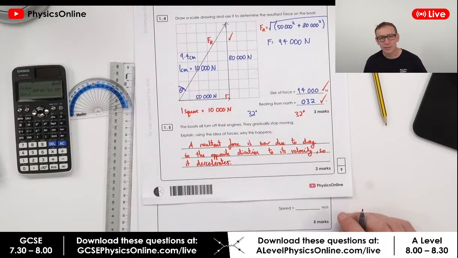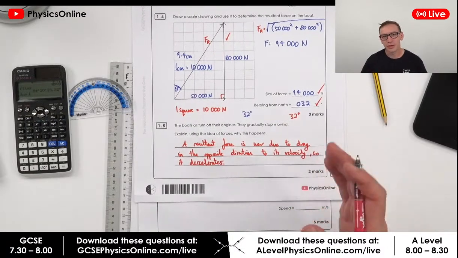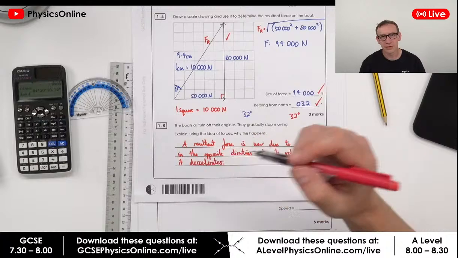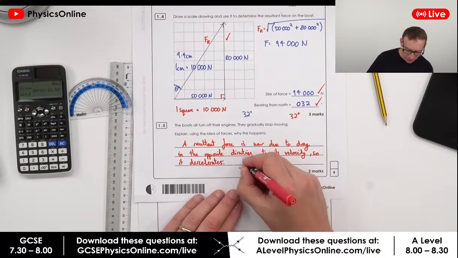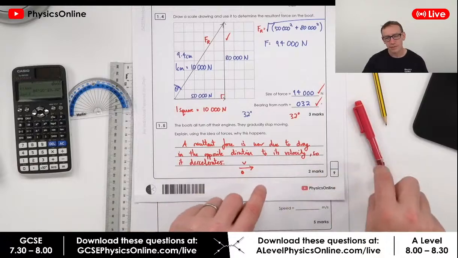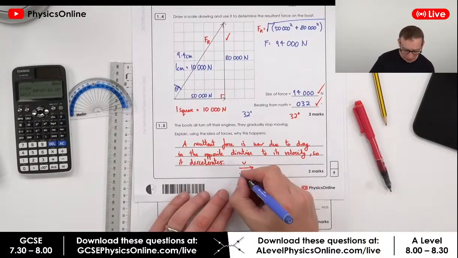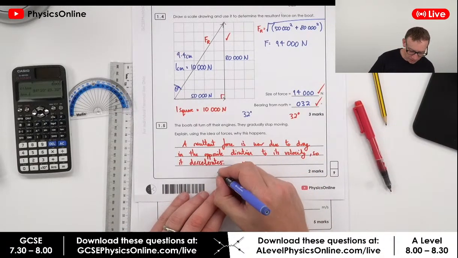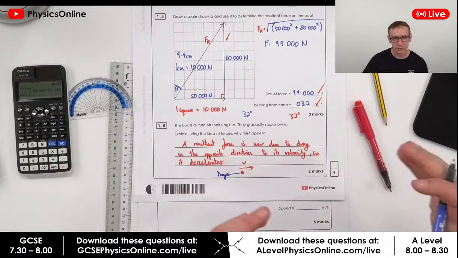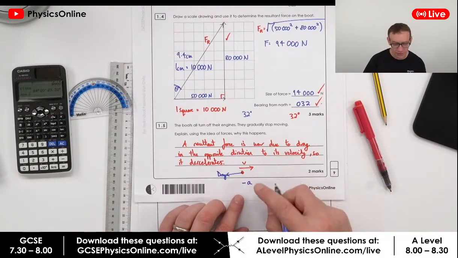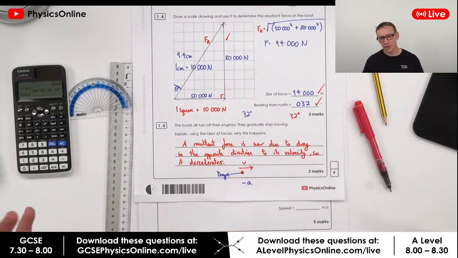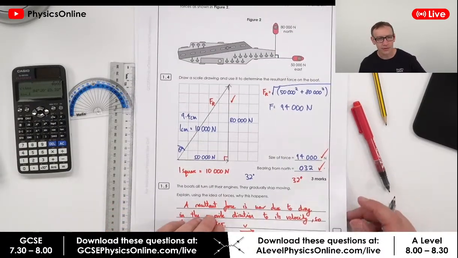Because it's decelerating, because of this resultant force in the opposite direction to its velocity, so here's the boat, it's moving in this direction with a certain velocity. There's no thrust driving it forwards, and that means the only force on it is backwards due to drag, water resistance and air resistance, and that means there's going to be a negative acceleration, and that means it slows down. Okay, there we go. That was the first question.